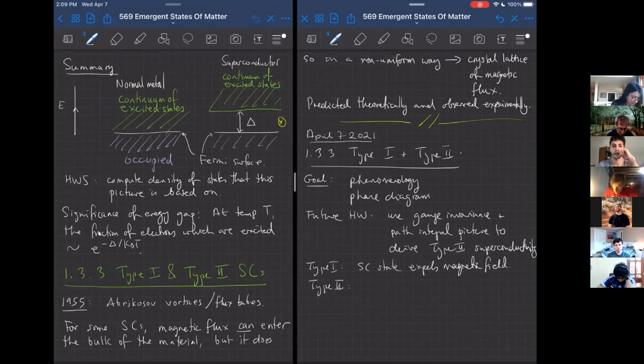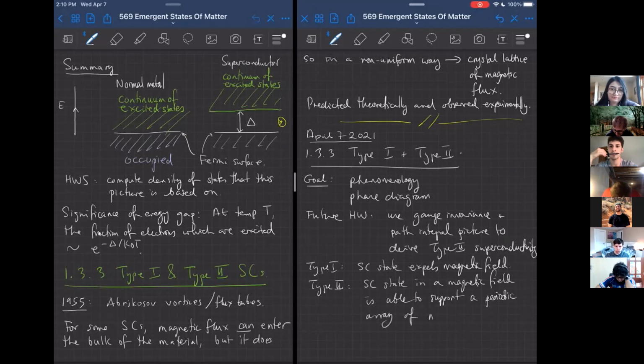In a type 2 superconductor, the superconducting state in a magnetic field is able to support a periodic array of magnetic vortex lines, or if you like, flux tubes.